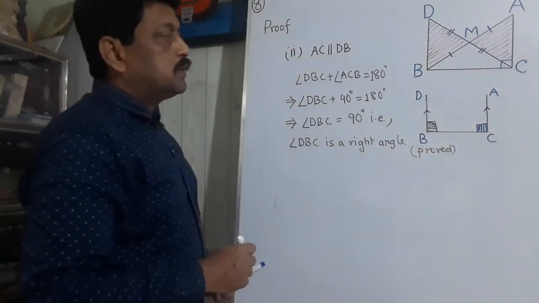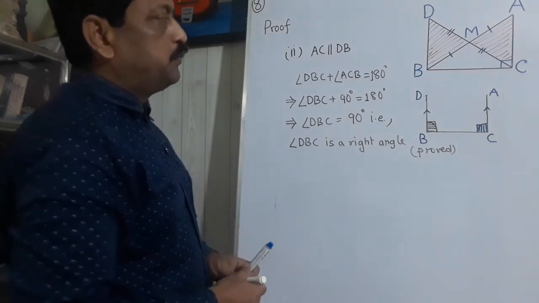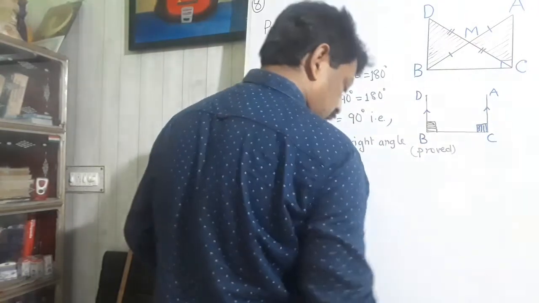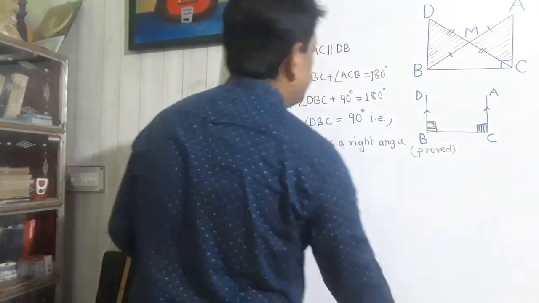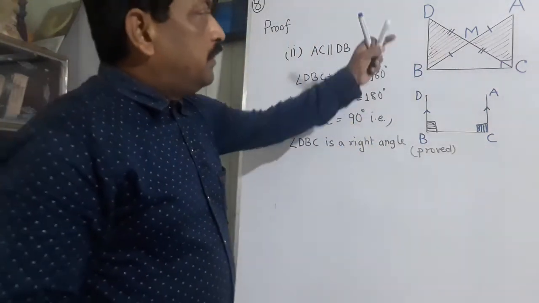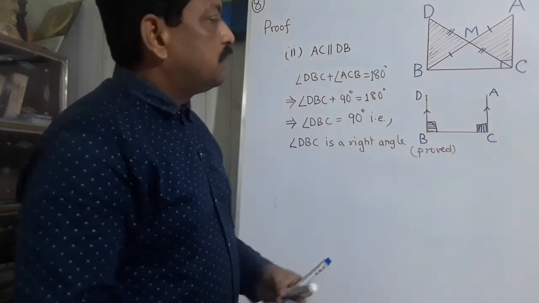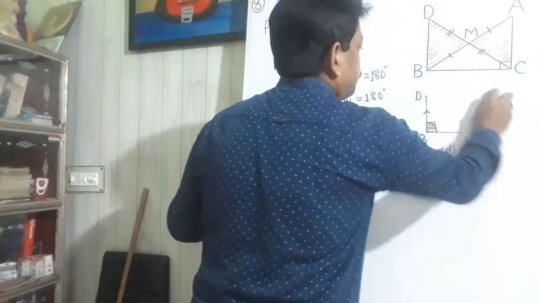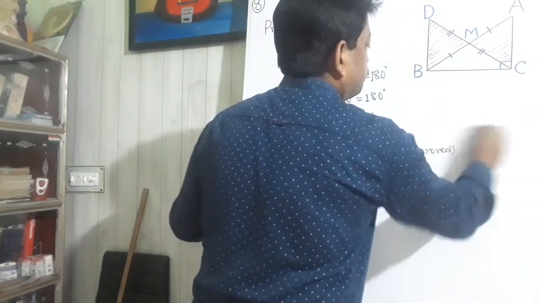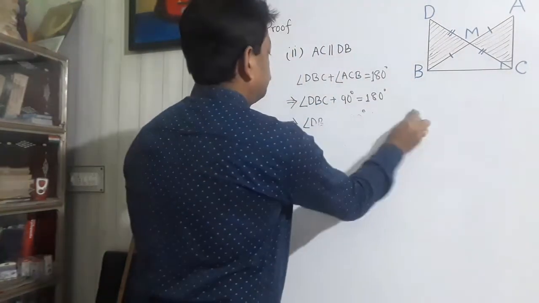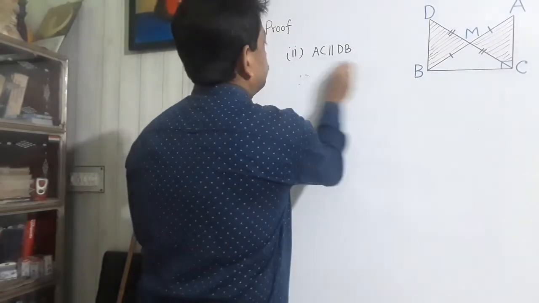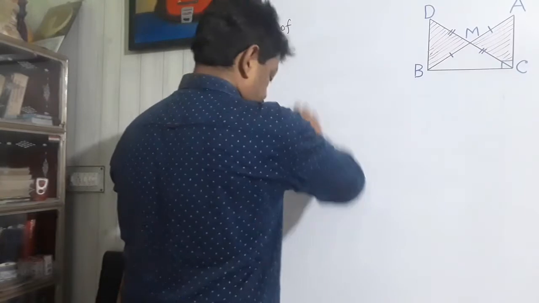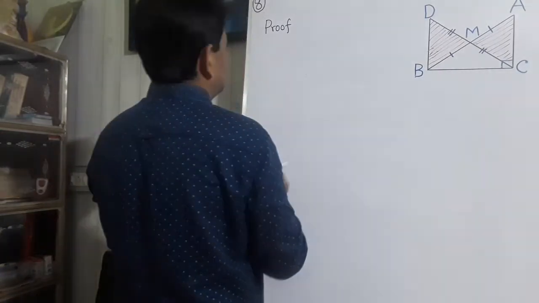Now let us go to the third part, where we have to prove that triangle DBC and triangle ACB are congruent. So again, let me take out the triangles, draw it separately. This is the third part.